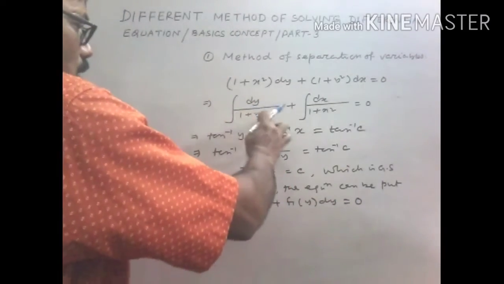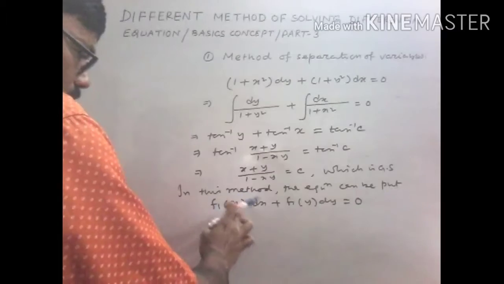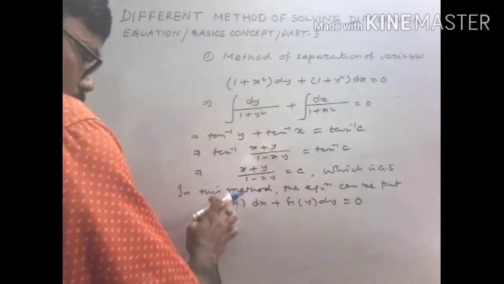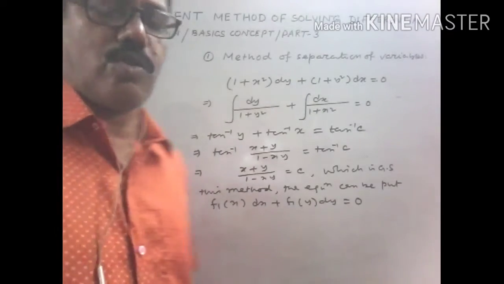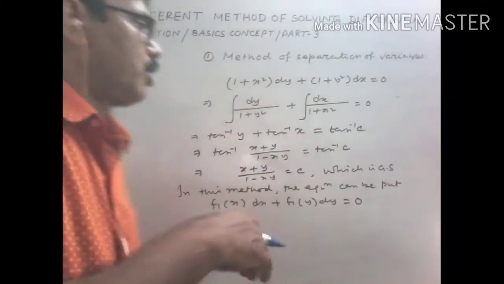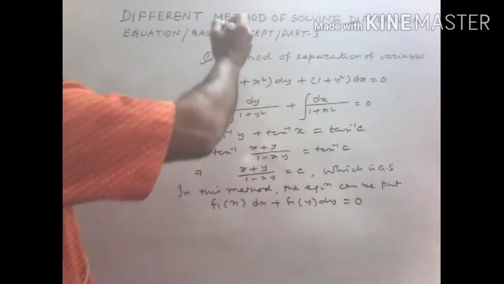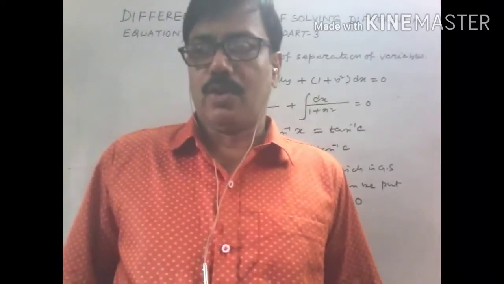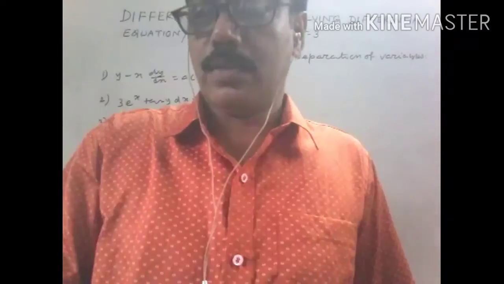So this is f(y), 1 by (1 plus y square) into dy, and 1 by (1 plus x square), f(x), into dx. So integrating, we get the general solution. So this is the method. Now we solve some problems by this method.